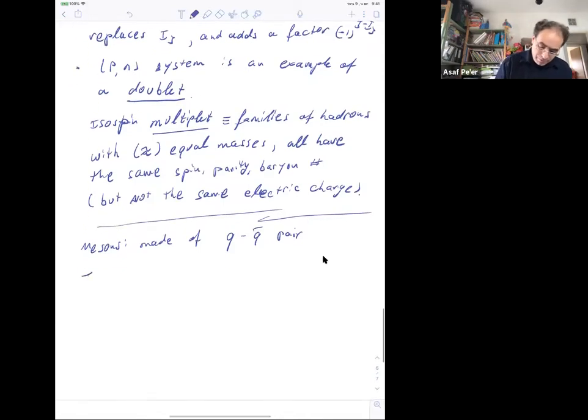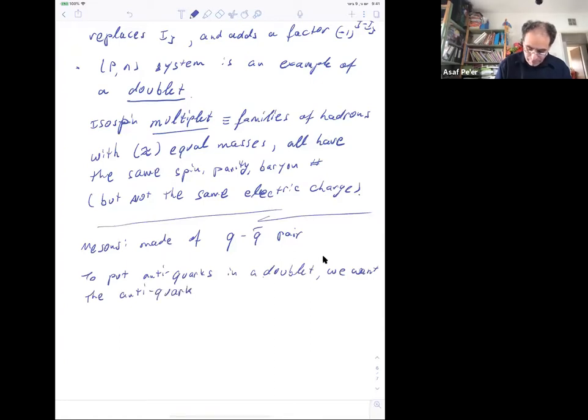So to put anti-quarks in a doublet, we want the anti-quark doublet to transform in the same way as the quarks.